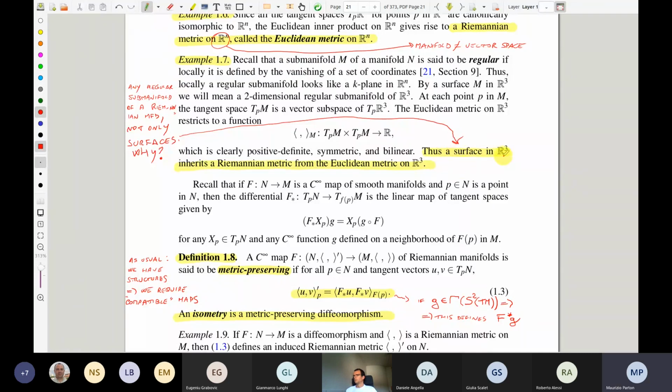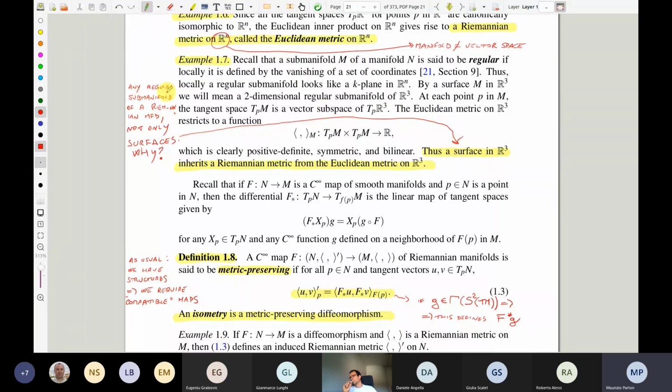Why, if I have a surface in R3? Exactly. That if you have a scalar product, this is a scalar product also on a subspace. Exactly. So any surface in R3 is a Riemannian manifold.